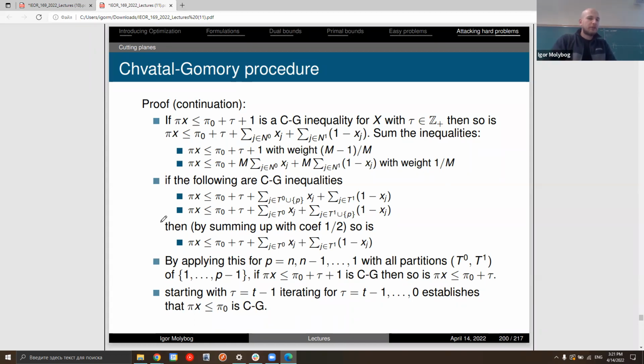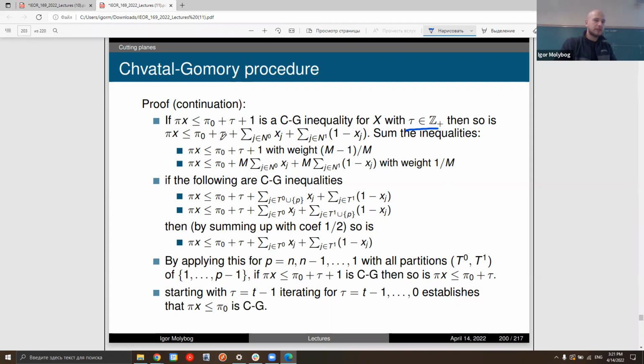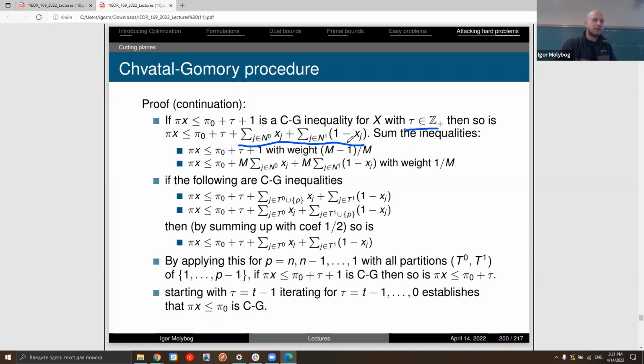If pi x less than or equal to pi 0 plus tau plus 1 is a CG inequality for x, with tau being an integral, non-negative number, then so is pi x less than or equal to pi 0 plus tau plus this summation over the two partitions, and this is true for any partition.